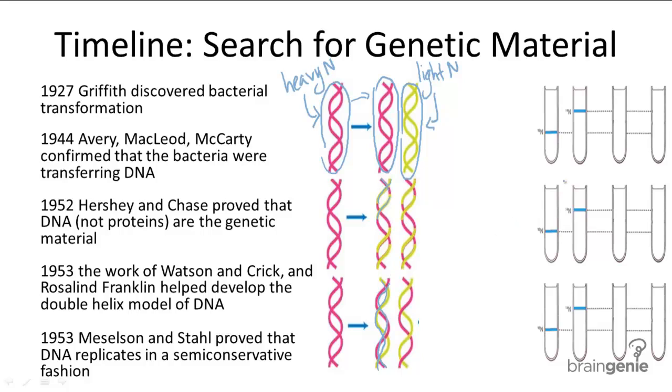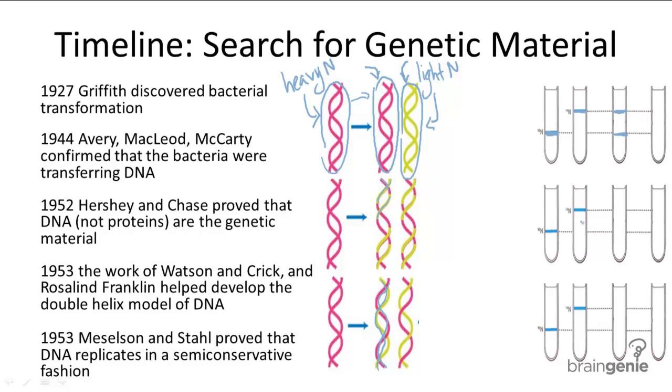And if you put these DNA strands within a tube, you can easily distinguish because they're different weights. So the heavy nitrogen would sink lower down into the tube, whereas the light nitrogen would sort of float higher on top. And if the conservative method were true, after the first generation of DNA replication, the tube would have two bands of DNA, one for the heavy strand and one for the light strand.